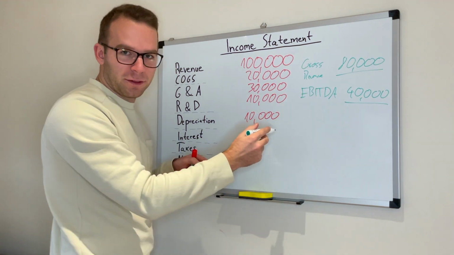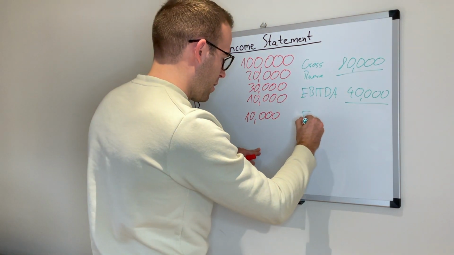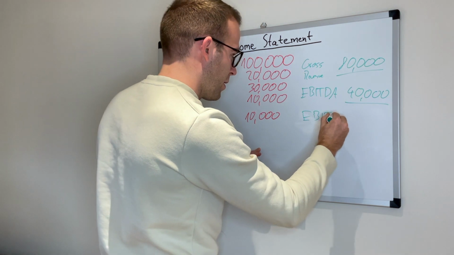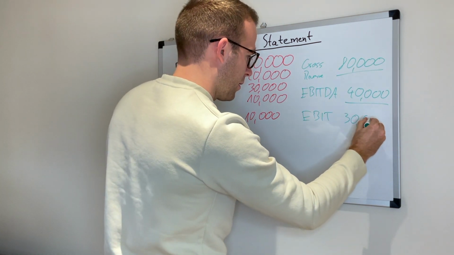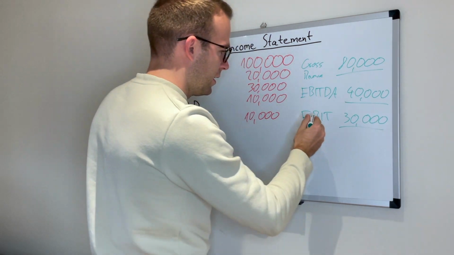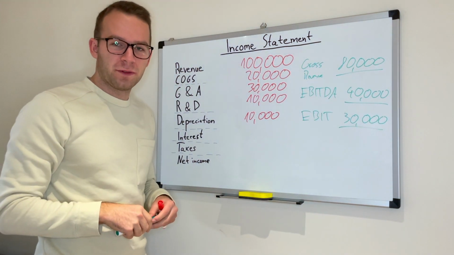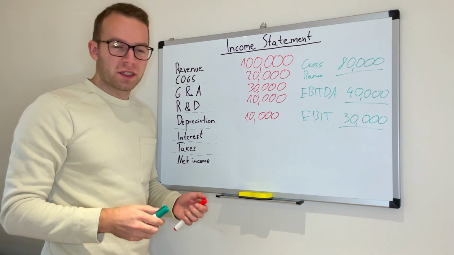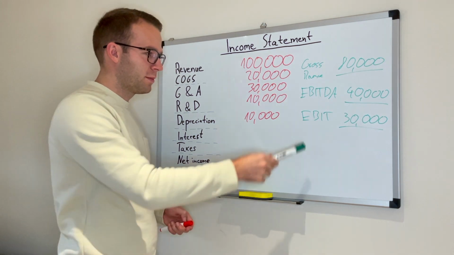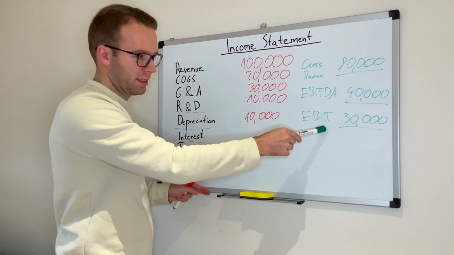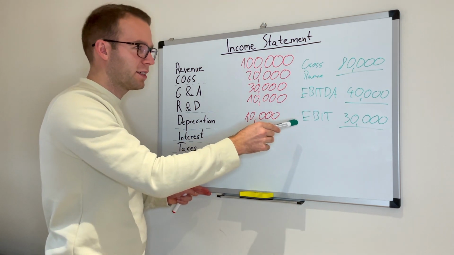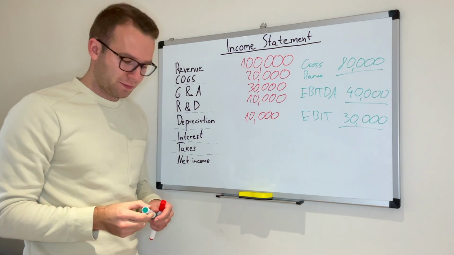So what we're left with is the EBIT, and that's 30,000. EBIT, probably also heard before, very important, and now you know what it means. It means earnings before interest and taxes. So it's a financial indicator that comes from the income statement.